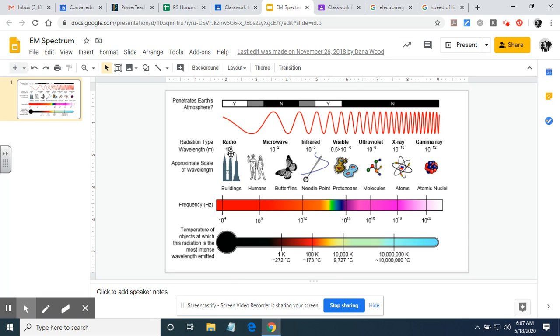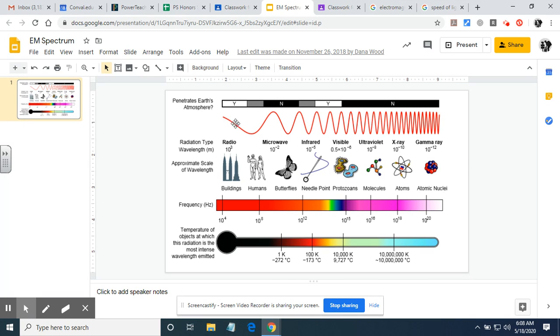Over here on the left, very long waves like a radio wave have a very long wavelength, but a very low frequency. This is the frequency where my mouse is, very low compared to the gamma ray section. I mentioned hertz in my last video, but for every second of time, gamma rays would be going by you or into your body at 10 to the 20th waves every single second, because they're so short.